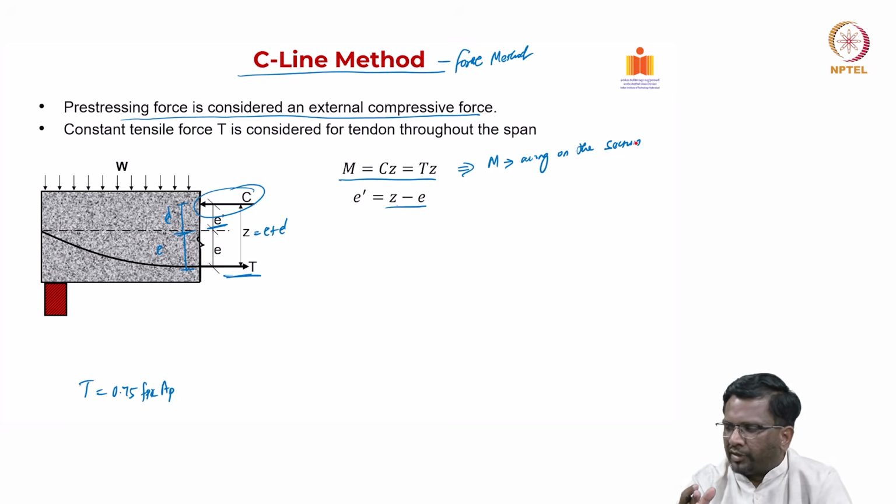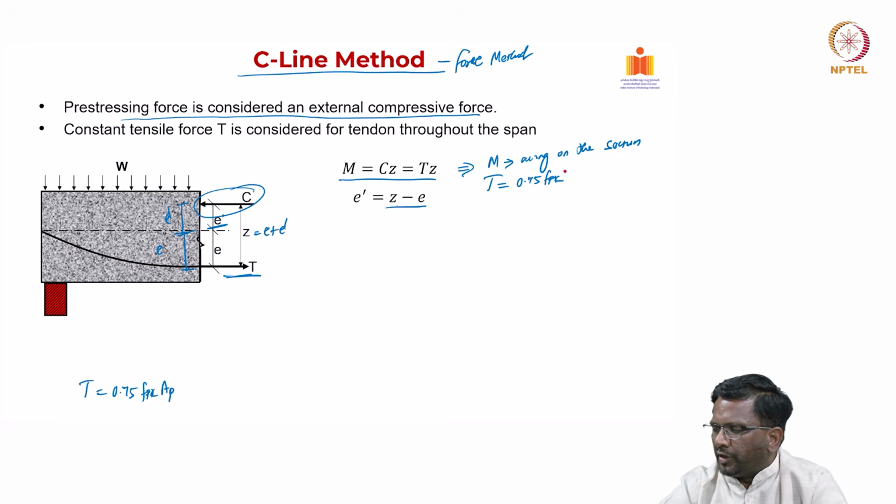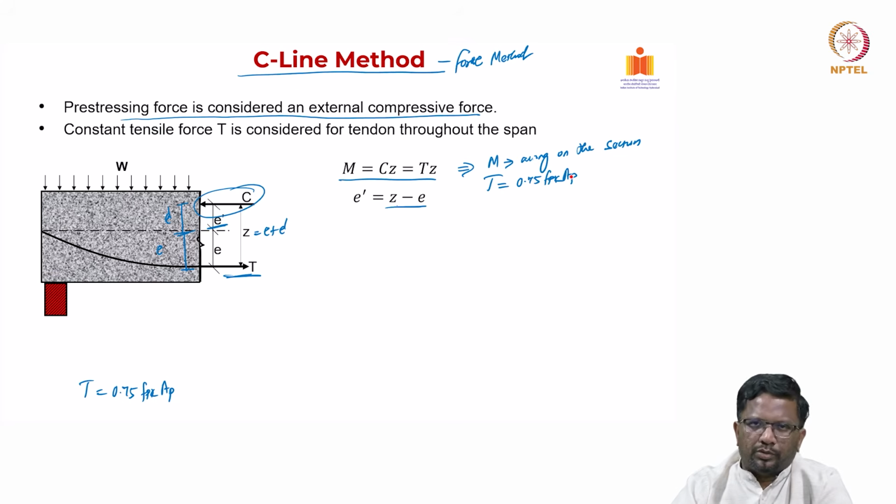Once the moment is given and we also know T, which is basically 0.75 times FPK into AP, I can quickly calculate my lever arm. Lever arm is nothing but moment divided by the tension force.